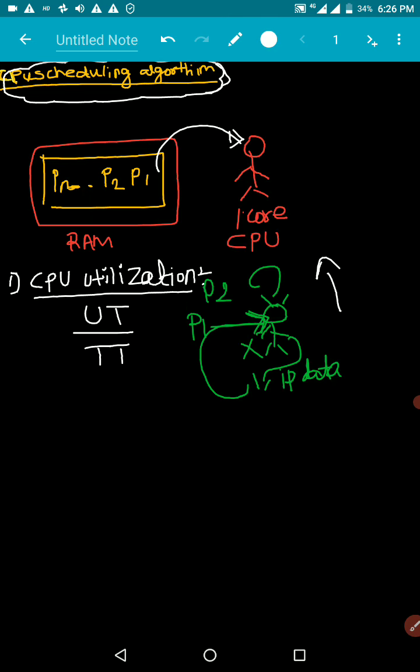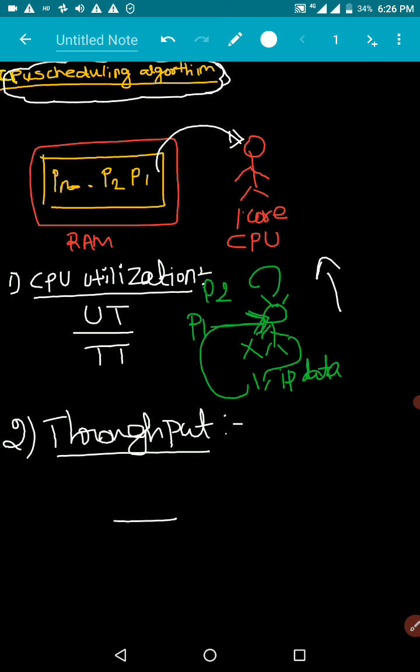The second criterion is throughput. Throughput means, out of a particular unit of time, how many processes are completed.